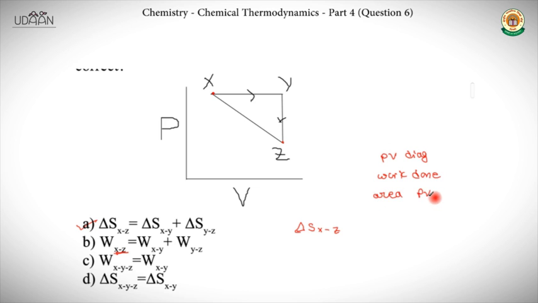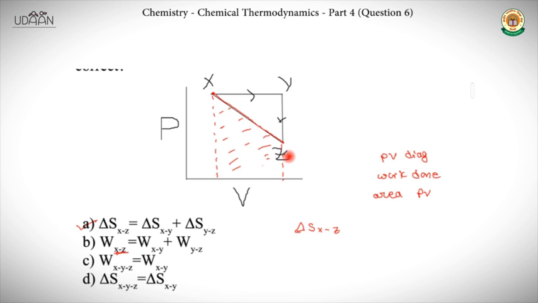From which state to which state you are going, see the area under it. So from X to Z, the work done will be under this area.